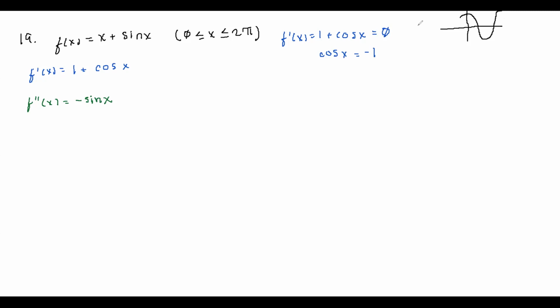A cosine curve kind of goes from like here to over here, and it is equal to -1 right here. This is just the entire curve. I'm trying to find out what x value cos of x is equal to -1 at, right?